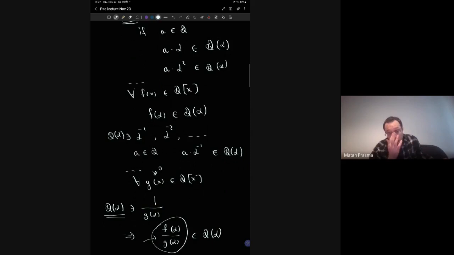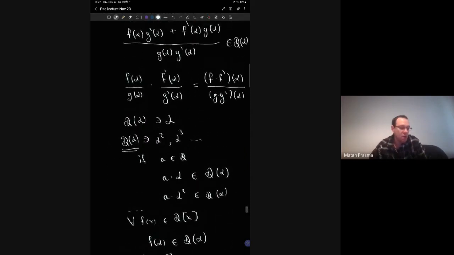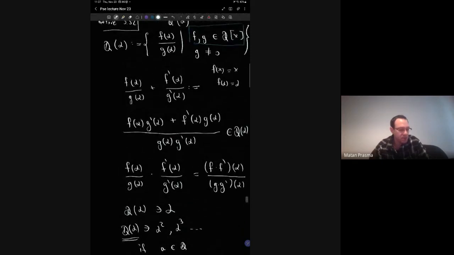Okay, so how do I show it? Well, I need to show you how to define addition and multiplication. This addition and multiplication are defined like this. And now I need to show you, well, associativity of addition and associativity of multiplication follow from associativity of addition and multiplication of polynomials over Q, right?